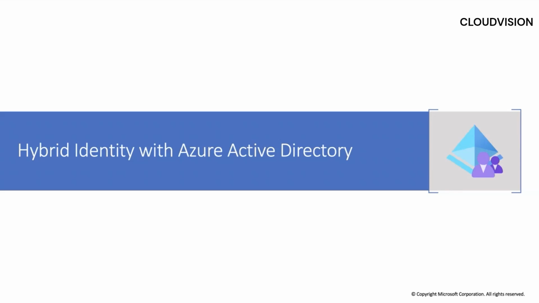This allows us to connect the on-prem Active Directory to the Azure Active Directory. Why? Because customers have the flexibility to take their corporate users from on-prem to the cloud.